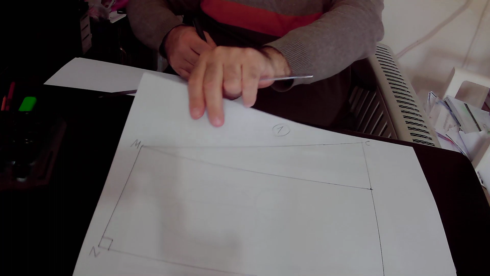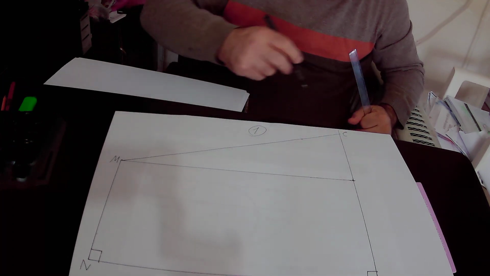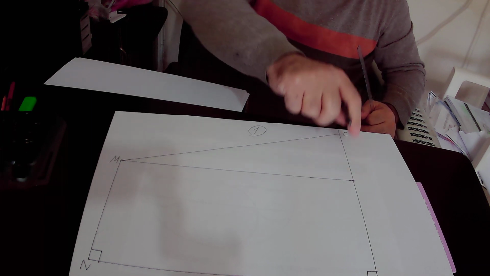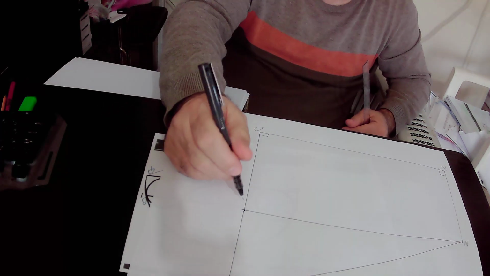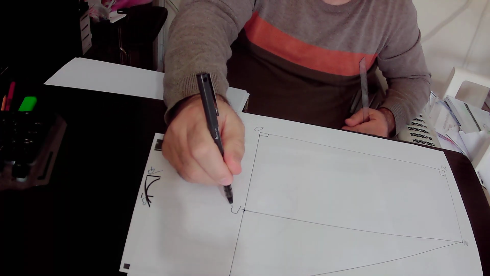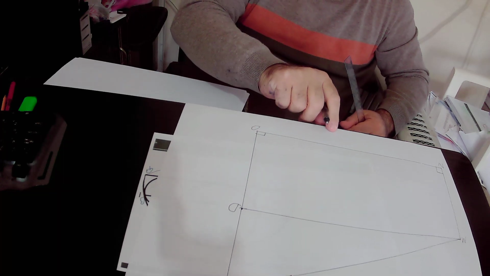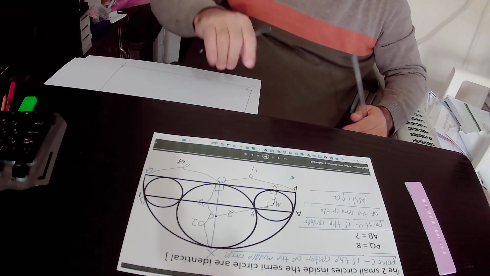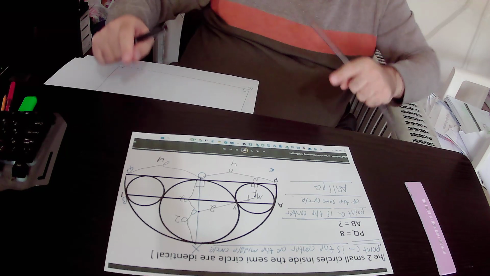So I draw the quadrilateral MNCO again. We will define this point as point D. And we know that AB is parallel to PQ.